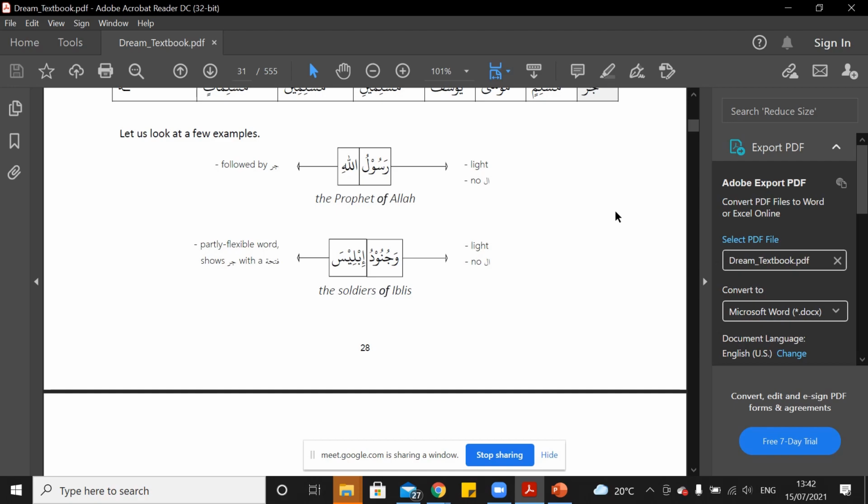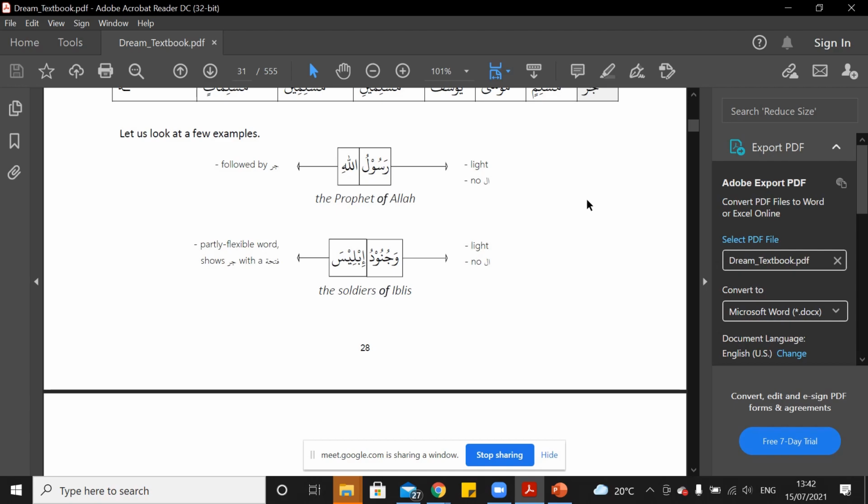But there is another condition to be met: the ism that follows it must be in jar status. The word Allahi is in jar status, so we can say it can be mudaf ilayhi. So Rasulullahi makes an Idafah fragment. Okay. So I want Sister Samia to explain Wajunud al-Iblisi to us the way that I explained.